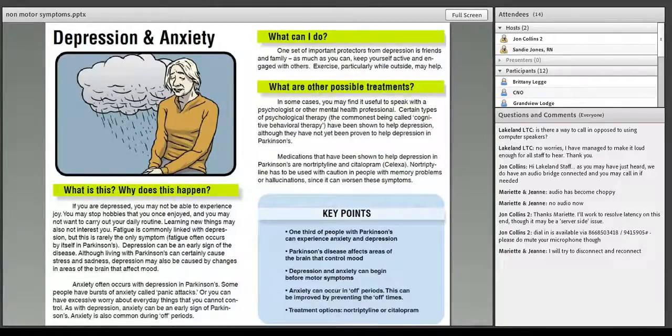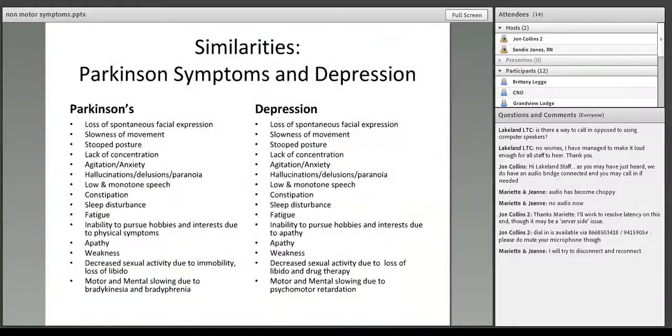The bottom line is that it's so sad when it's missed, because depression is really treatable, and the treatment is very successful. Anxiety often goes hand in hand. They can be seen independently of each other, but often it's kind of like hand and glove.